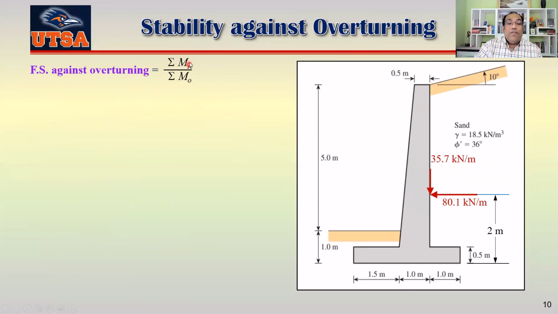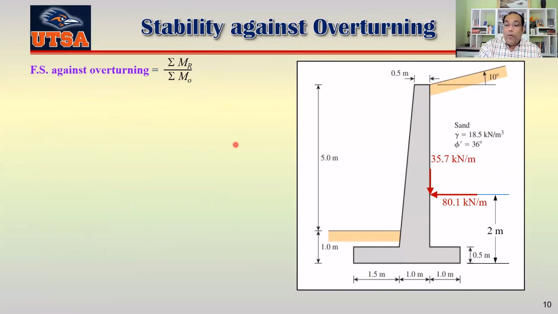Again, your factor of safety against overturning is the summation of moment which is trying to resist the overturning, divided by the moment which is trying to drive the overturning.